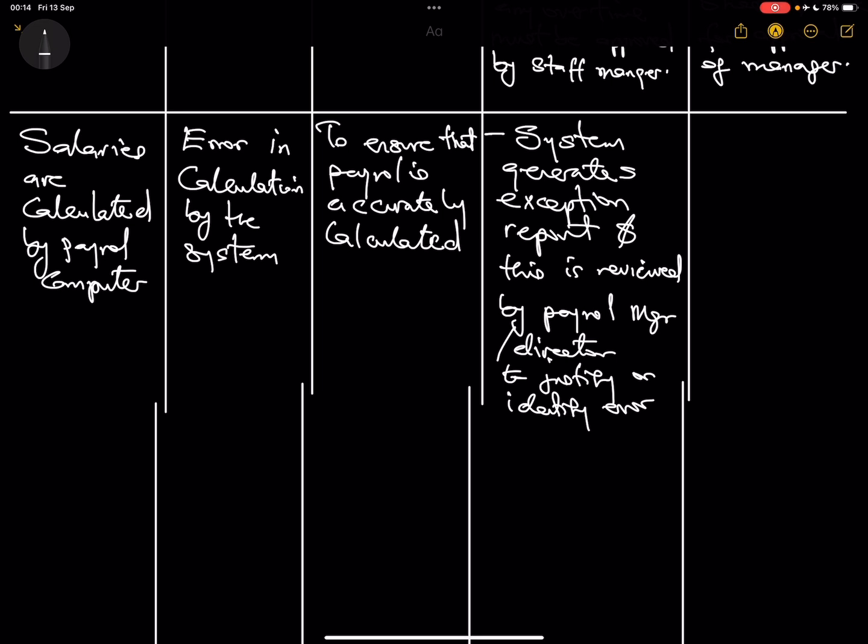What does auditor needs to do? Straightforward. Auditor needs to just get some samples of exception report and see that they were actually reviewed and cleared by the HR director.